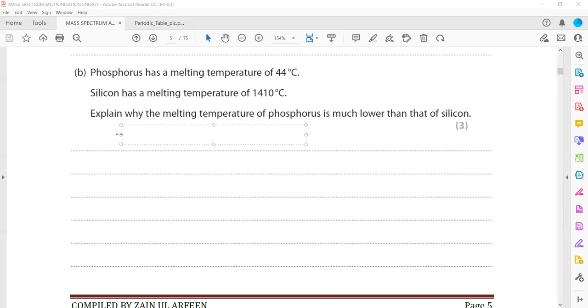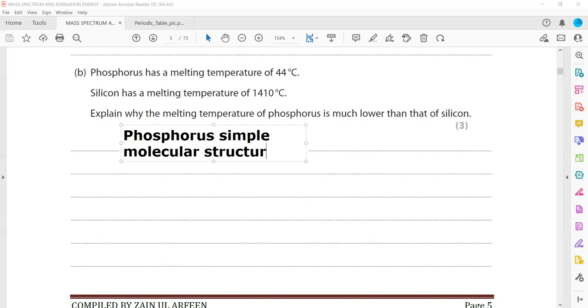So phosphorus has a simple molecular structure, whereas silicon has a giant structure.